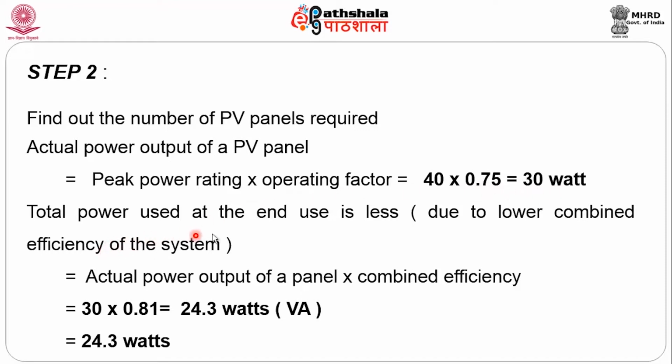Total power used at the end use is less due to lower combined efficiency, so we have to incorporate the combined efficiency also. Actual power output of a panel into combined efficiency, that is 30 into 0.81, that is 24.3 watts, and this is the total power available.